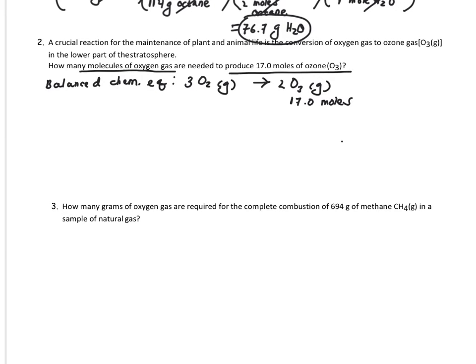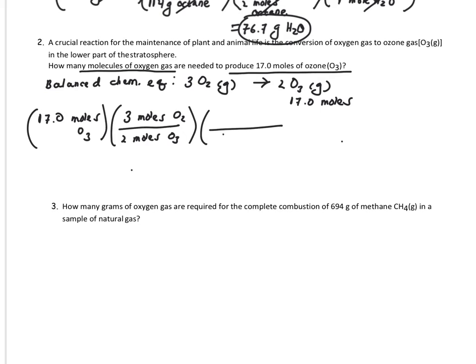We can go ahead and start with what's given, with our 17 moles of ozone. And according to our balanced chemical reaction, there's a mole to mole ratio of 2 moles of ozone for every 3 moles of oxygen.